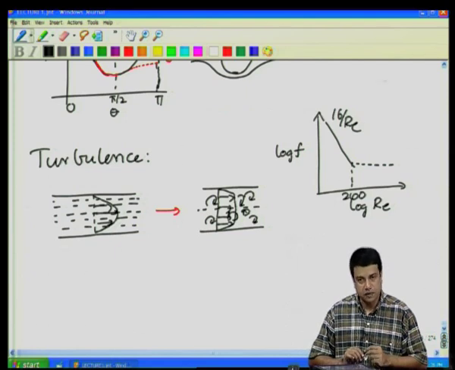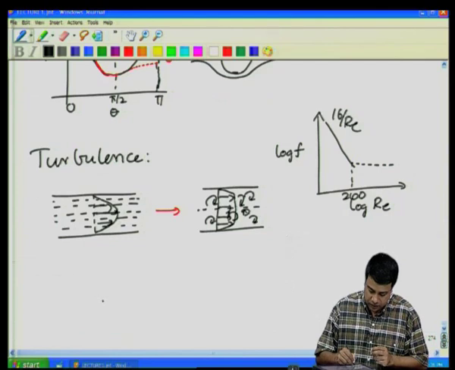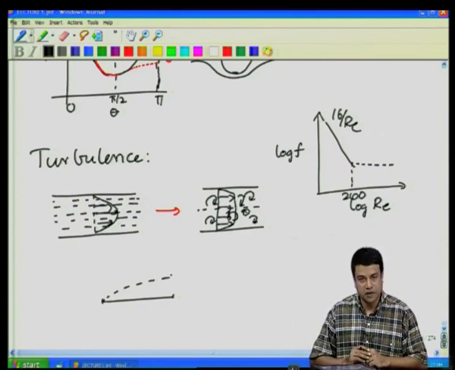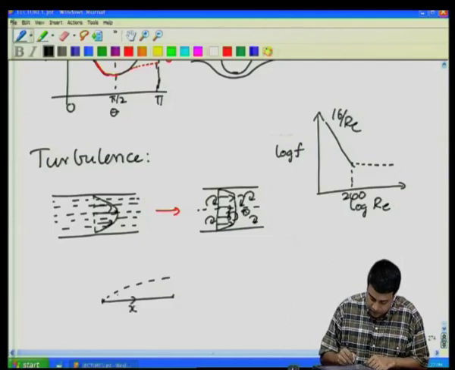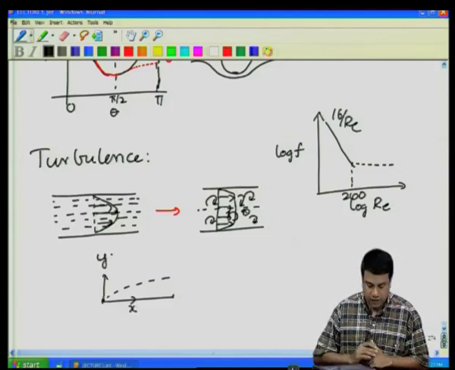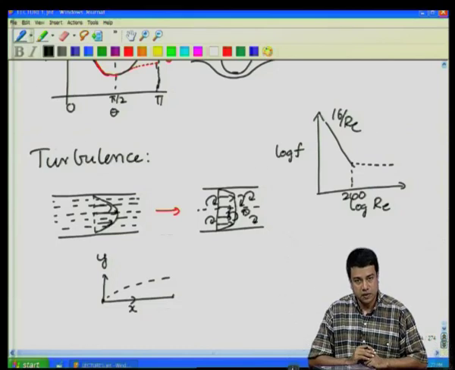So, this happens for external flows as well. For example, the boundary layer flow. We got the velocity profile for a laminar boundary layer, the Blasius profile. Okay. At some point, this boundary layer itself will become unstable.